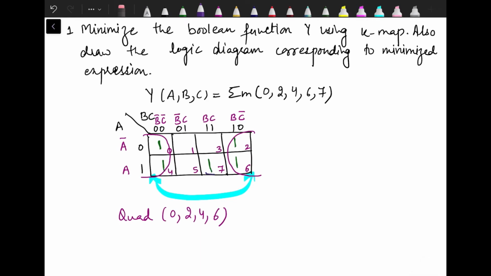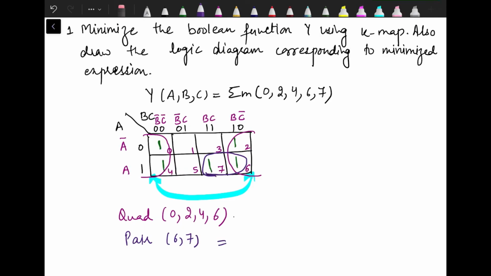Now this minterm 7 we need to combine it with minterm 6. Now this minterm 6 is used twice, but there is no issue. We can use one minterm as many times as possible if there is any single one left in its adjacent cell. So we have a pair of 6 and 7.